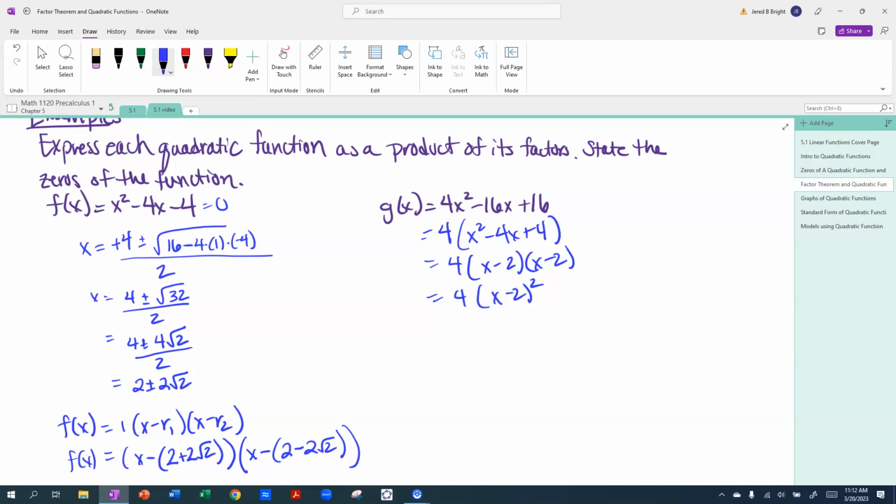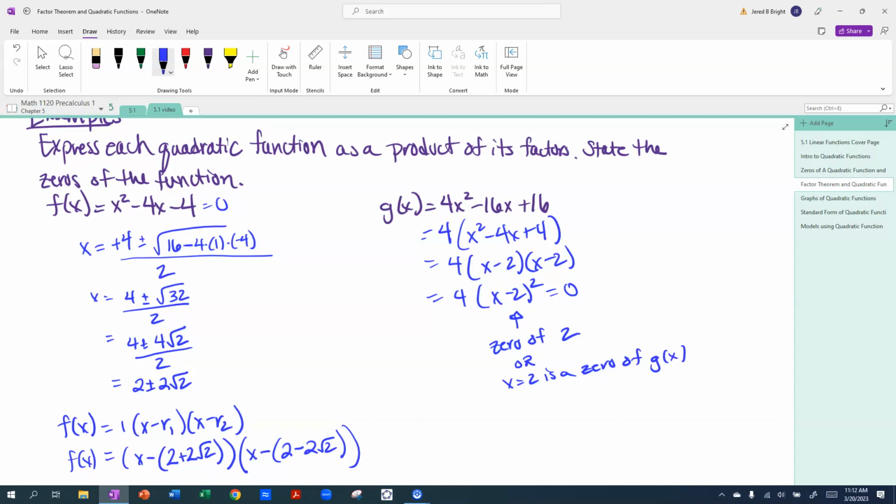And so what I notice here is that if I were to set this equal to 0, I could solve for x and I would get 2, but actually right here, this is telling me that I have a zero of 2. Or in other words, x equals 2 is a zero of g of x.